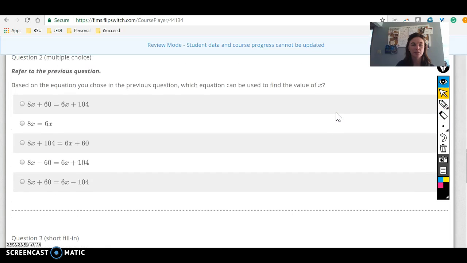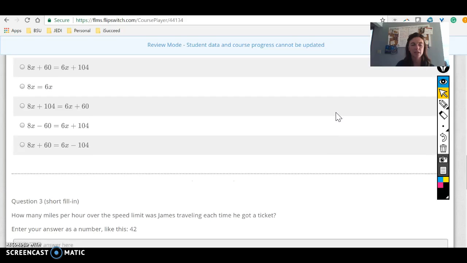This is moving pretty quickly here. The next question is going to ask us to solve that, so we'll just rewrite it here. I'm going to take it step by step. First of all, I'm going to try and keep my numbers positive. So I'm going to move these 6x over to the left and 60 to the right by subtracting each.